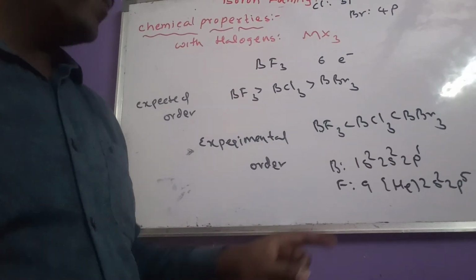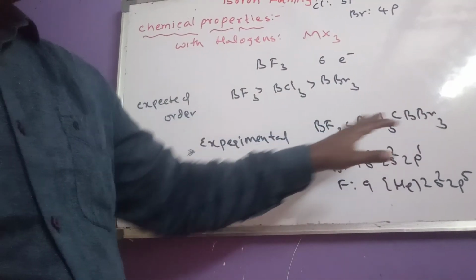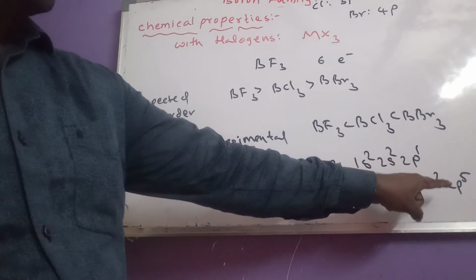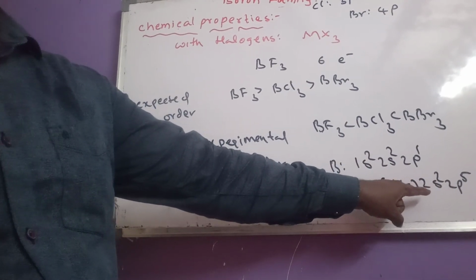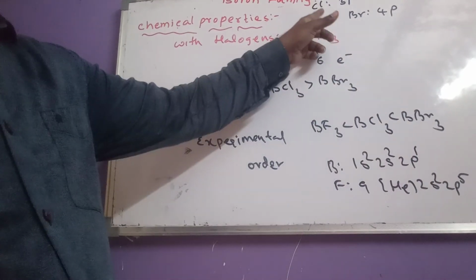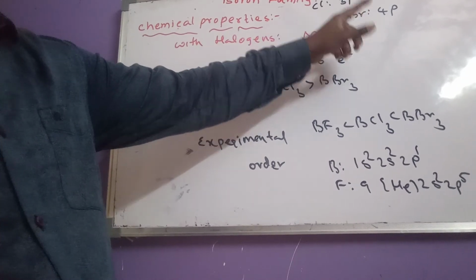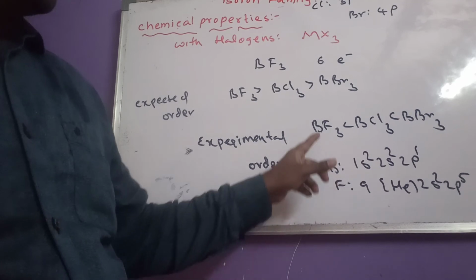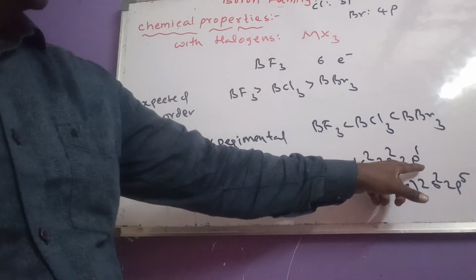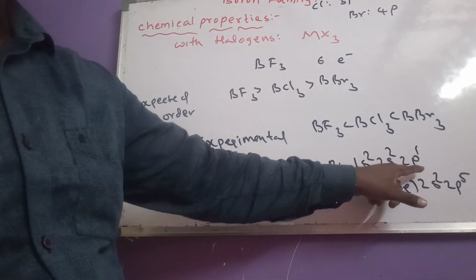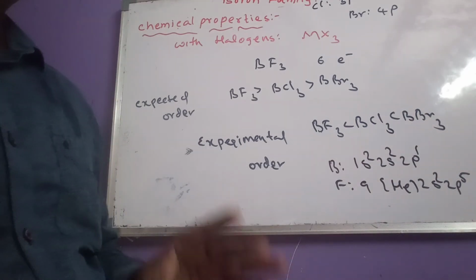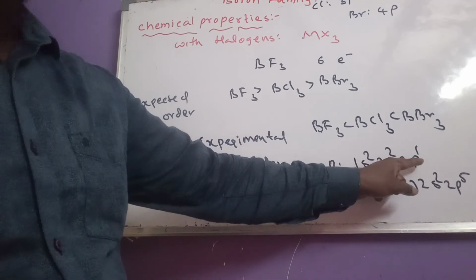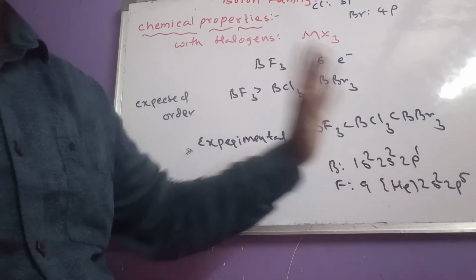Now in all these cases, boron is the central atom. In fluorine, lone pairs are present in the 2p subshell, in chlorine the 3p subshell, and in bromine the 4p subshell. But boron has vacant orbitals in the 2p subshell. So between 2p and 2p subshells, back bonding is easy.